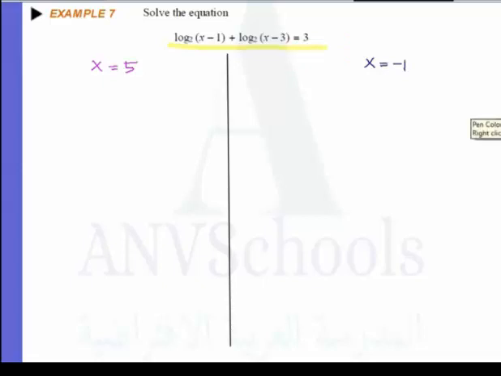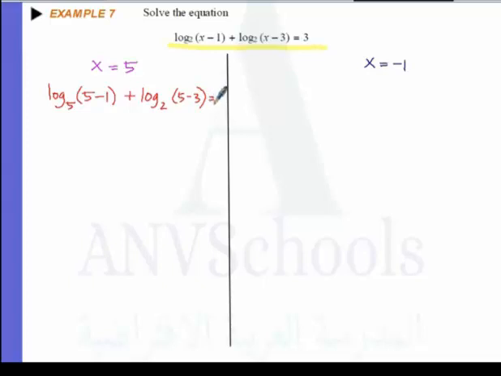So this gives me log of the base 5 to the argument of x minus 1. Then we substitute x equals 5 for x, and that's log 5 of 5 minus 1 plus log 2 of 5 minus 3.